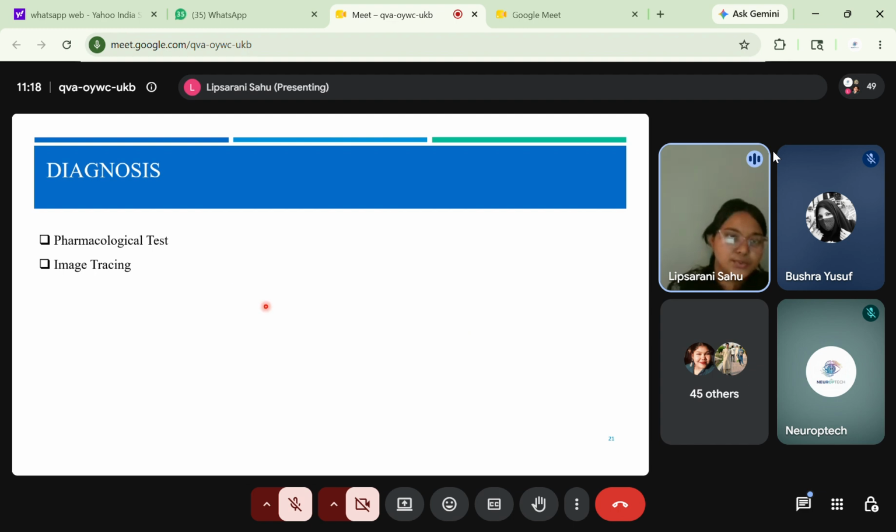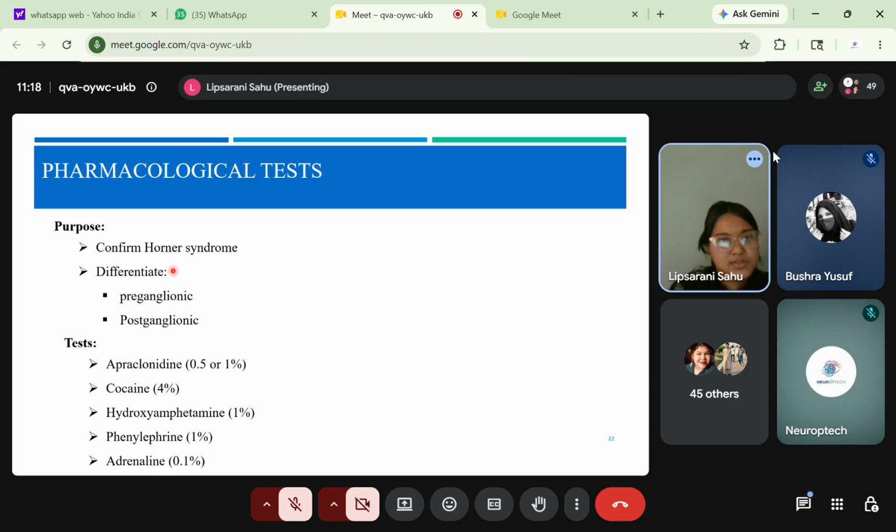Diagnosis is two step. We can confirm it's Horner syndrome by pharmacological test and from imaging also. The purpose of the pharmacological test is to confirm whether it is Horner syndrome or not, and to differentiate whether it is preganglionic Horner's or postganglionic Horner's.